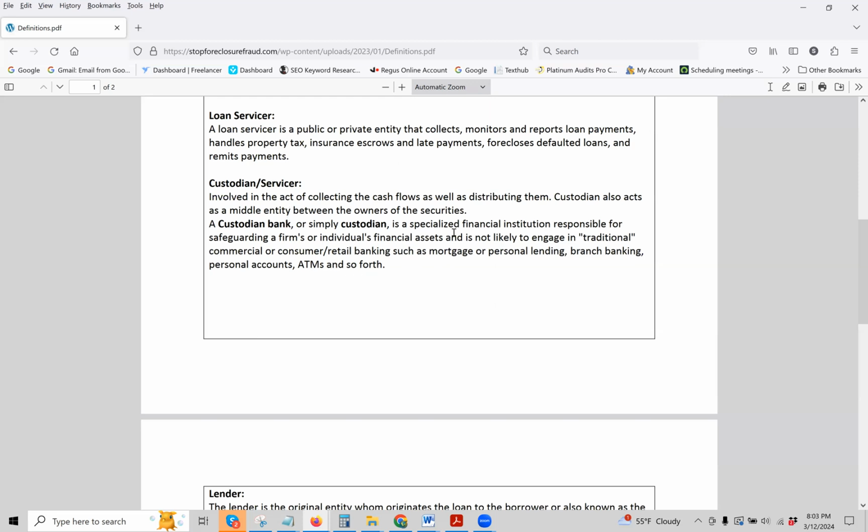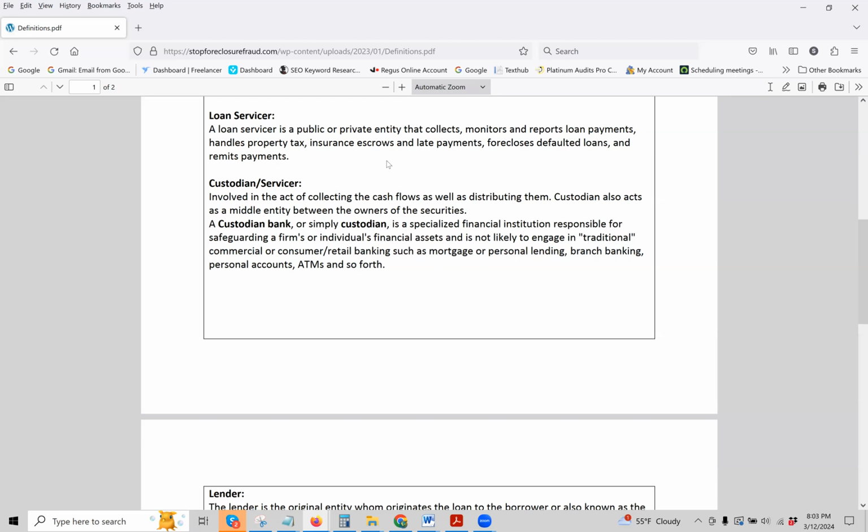So the custodian basically relates to the middle entity between the owners of the securities. It's basically a custodian, record keeper. It's creating, maintaining records.